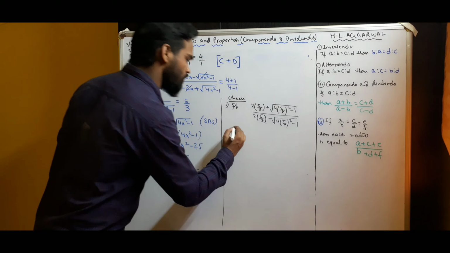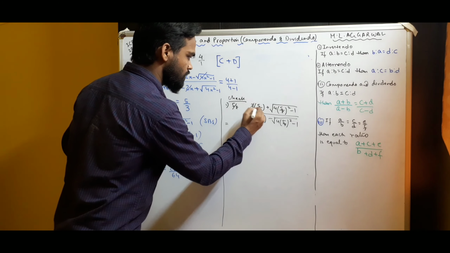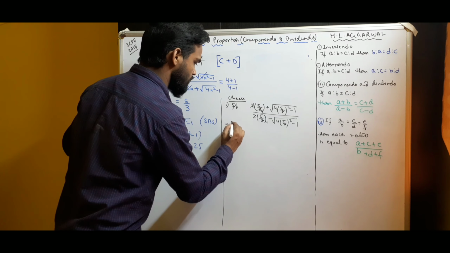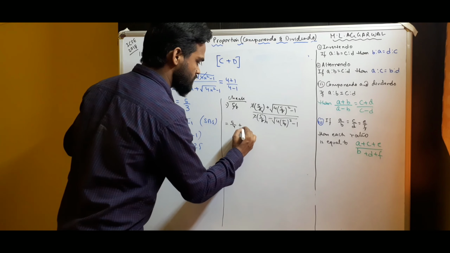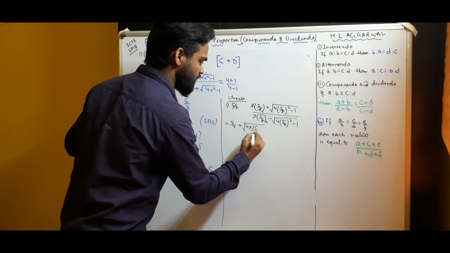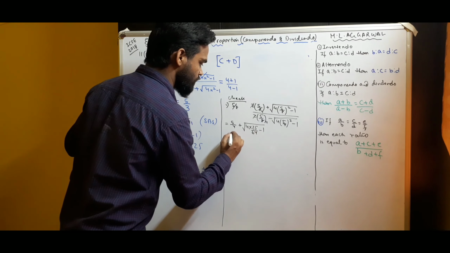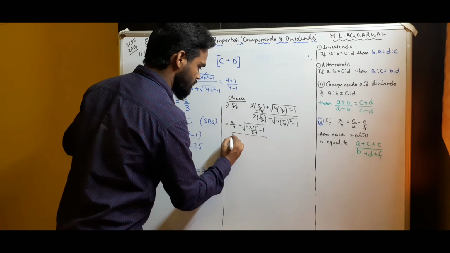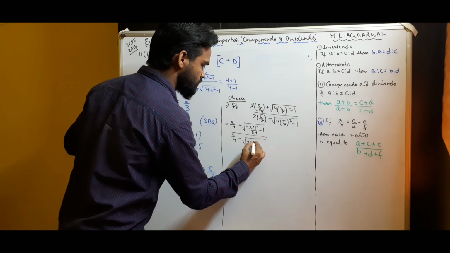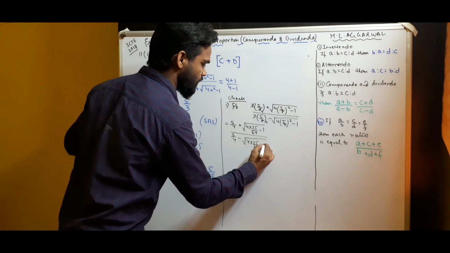Correct? Now we'll solve this. So this becomes 4 times, this is also 4 times, so this is 5 by 4 plus, inside the root we have 4 multiplied by 25 by 64 minus 1, by 5 by 4 minus, same thing, 4 into 25 by 64 minus 1.